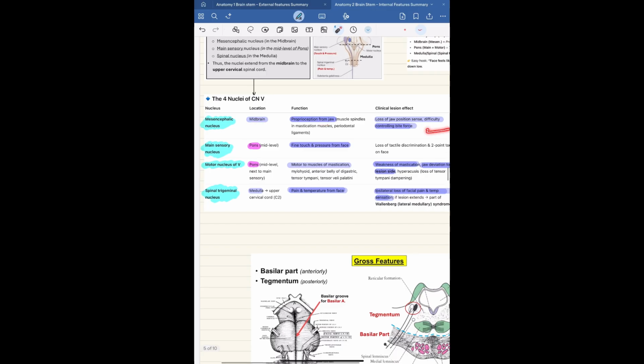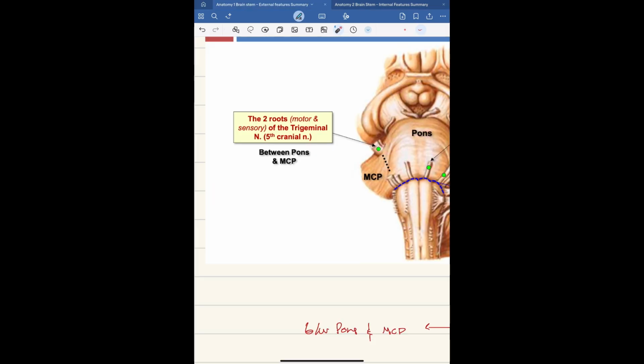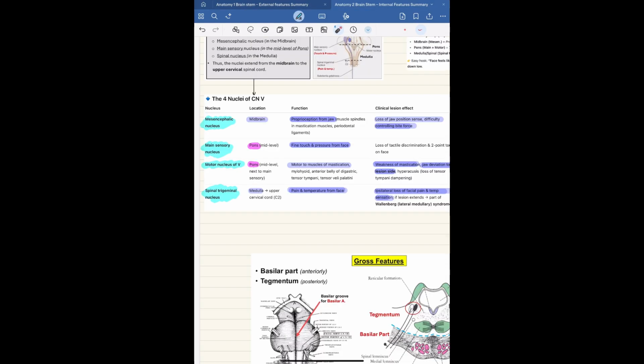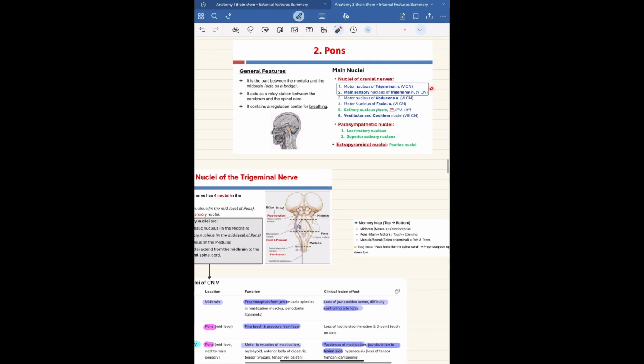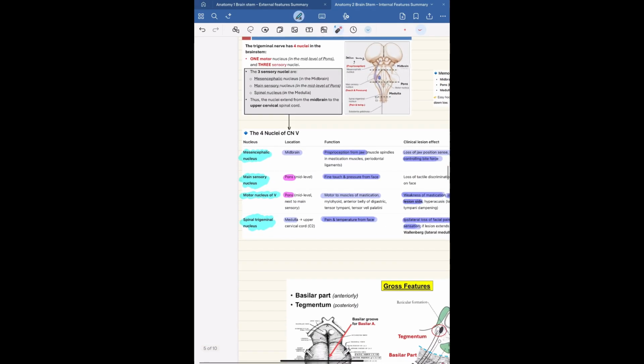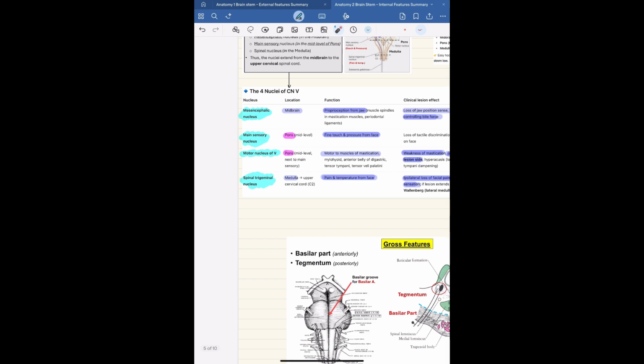And you can take a look at this. Next, you have the main sensory and then the motor, which is this one. Okay, and it's mentioned here as well. So the main sensory, from its name, is located first in the pons, at the mid level, yeah.